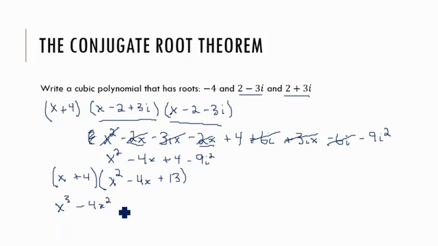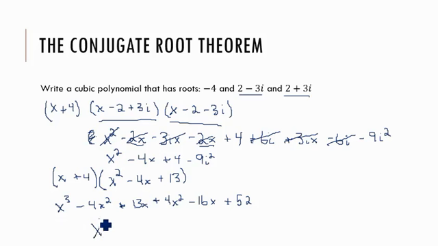And x times 13 is positive 13x. 4 times x squared is positive 4x squared. 4 times negative 4x is minus 16x. And 4 times 13 is positive 52.